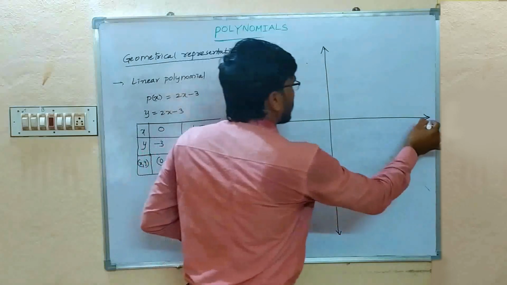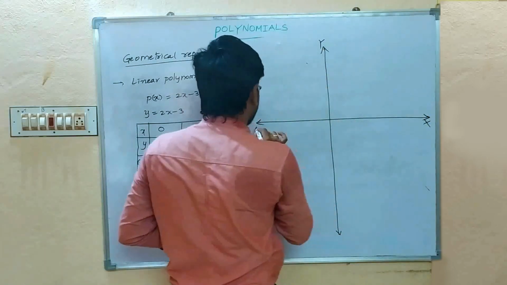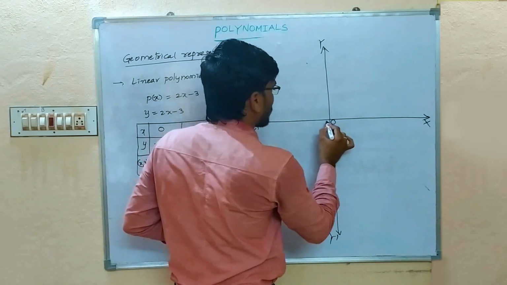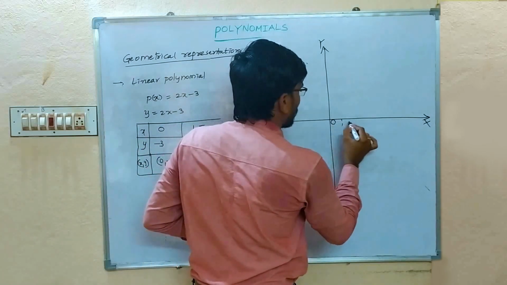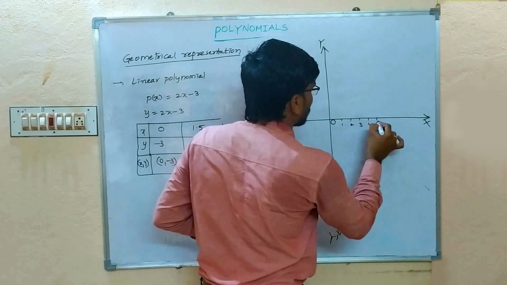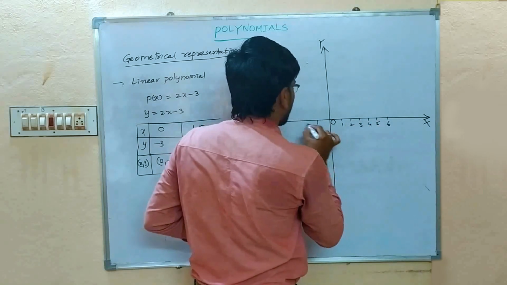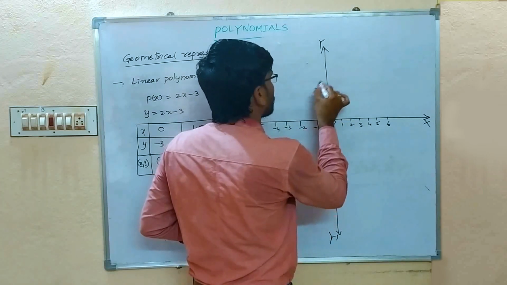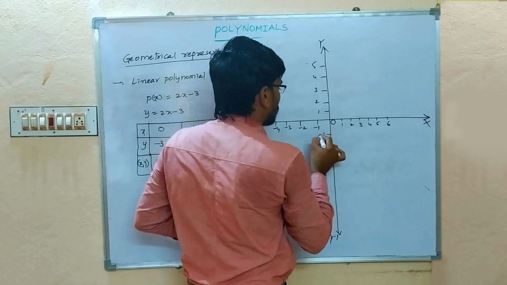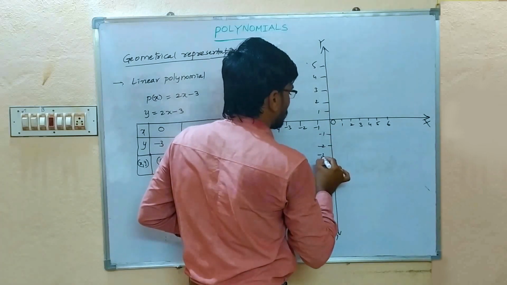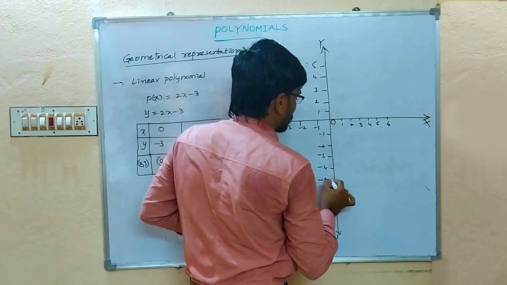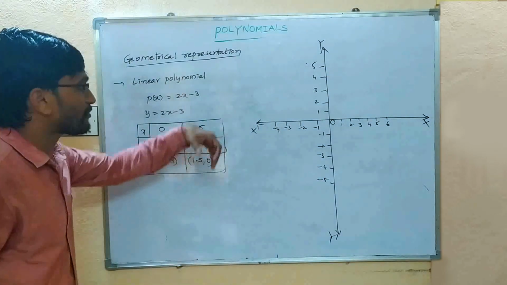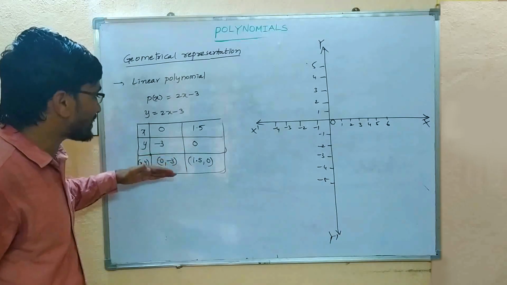Let us draw x-axis and y-axis. Origin. So 1, 2, 3, 4, minus 1, minus 2, minus 3, minus 4, like that. Draw a graph. So now plot these points. Already we studied in 9th class how we plot the points.